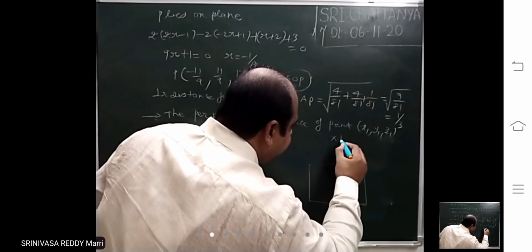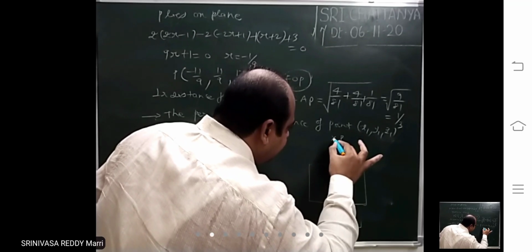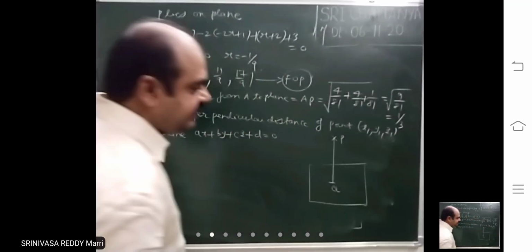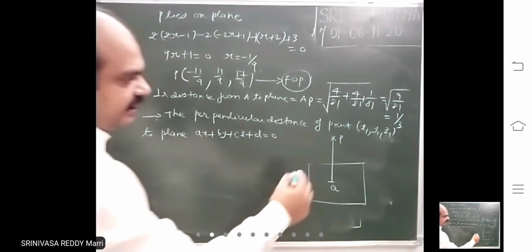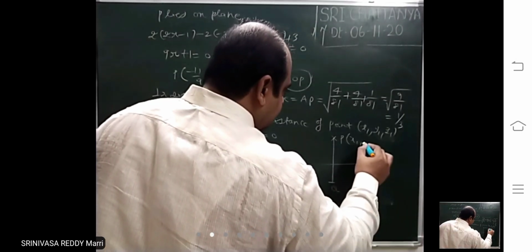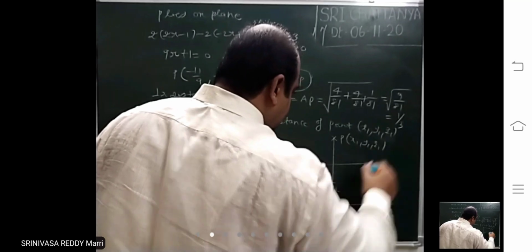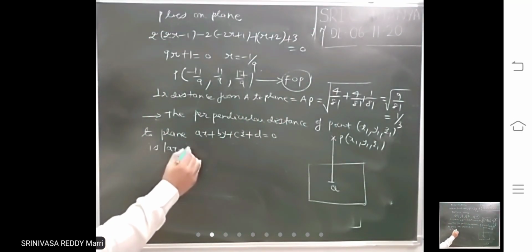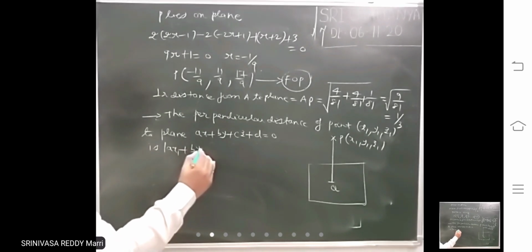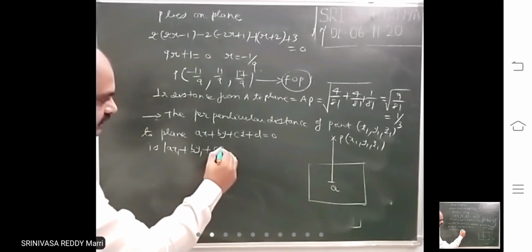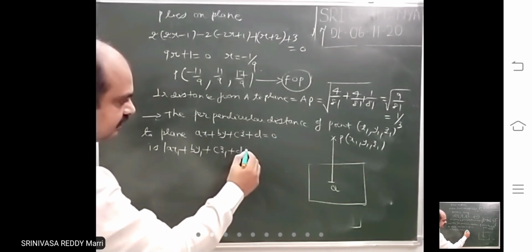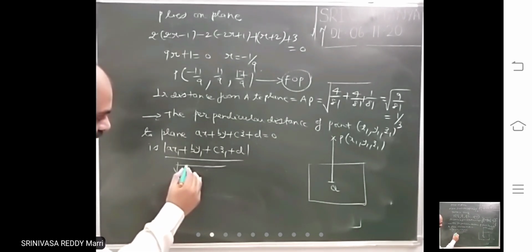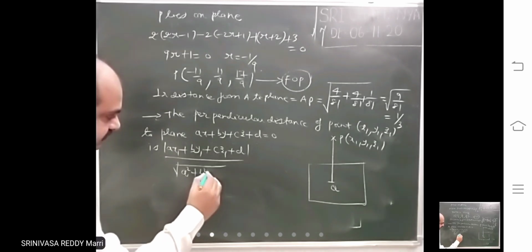That means from the P point to the plane, this PQ distance is modulus of ax1 plus by1 plus cz1 plus d divided by root of a square plus b square plus c square.